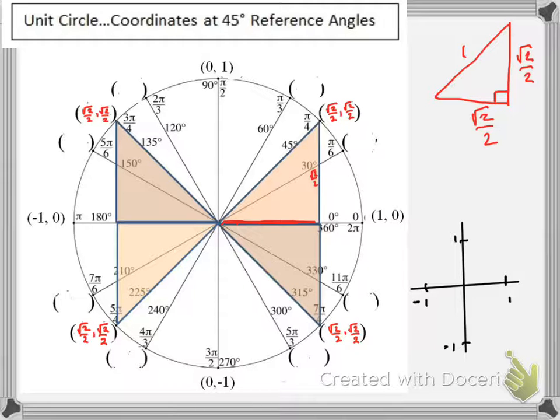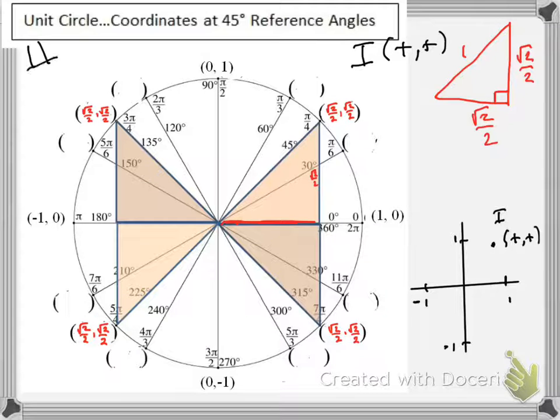If I chose a point anywhere in my quadrant 1, that one would have a positive x value and a positive y value. Let's put those up here. Quadrant 1 always has a positive x value and a positive y value.